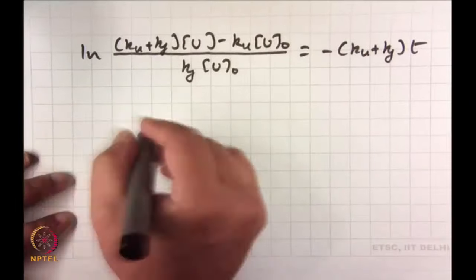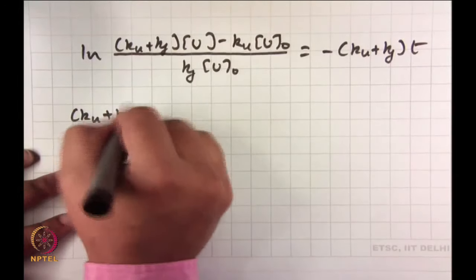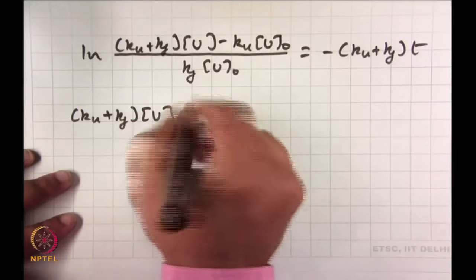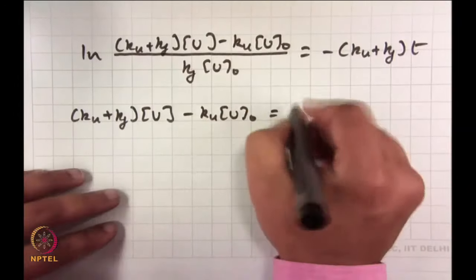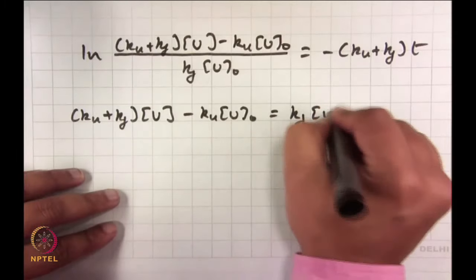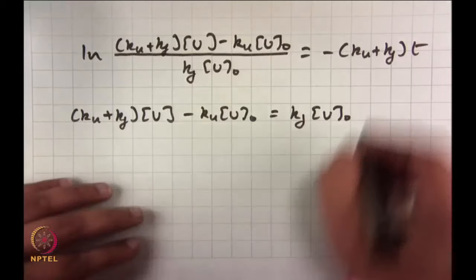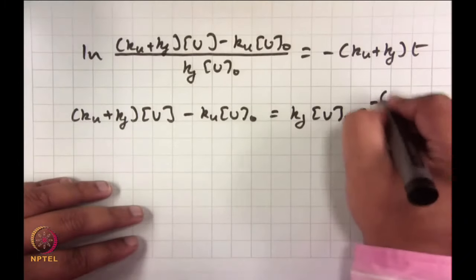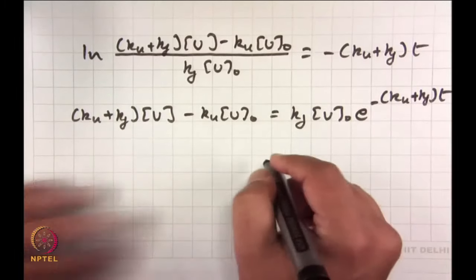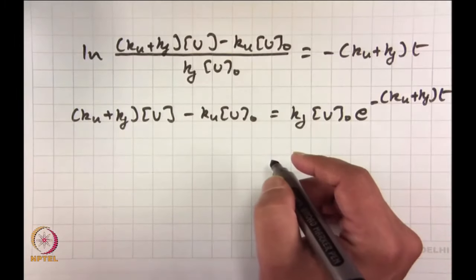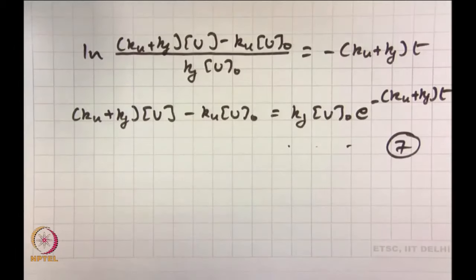Or finally, I can write this as k u plus k f times concentration of u minus k u concentration of u naught is equal to k f u naught, then e to the power minus k u plus k f times t. And this would be which equation? Equation number 7.